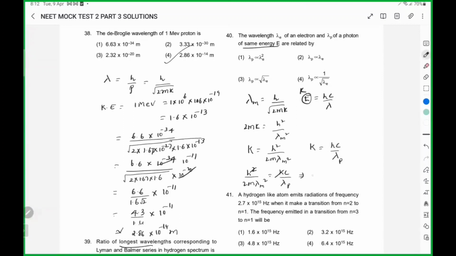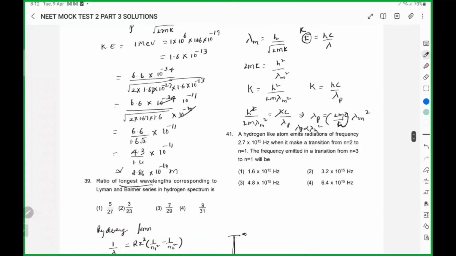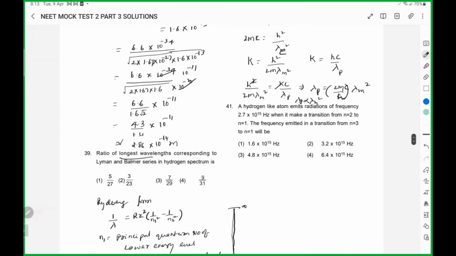So from here, lambda p is 2mc by h times lambda m square. These are all constants. Lambda p is proportional to lambda e square. That is the first option.